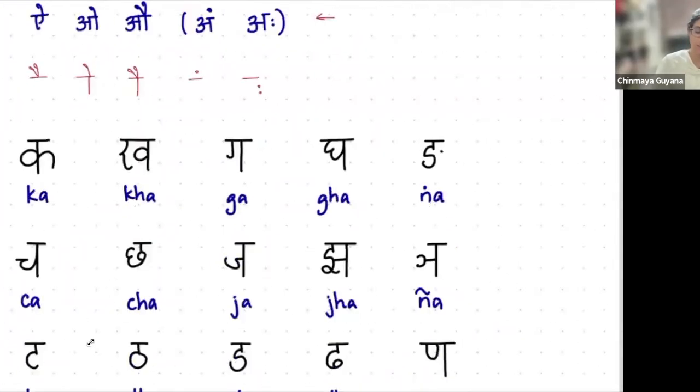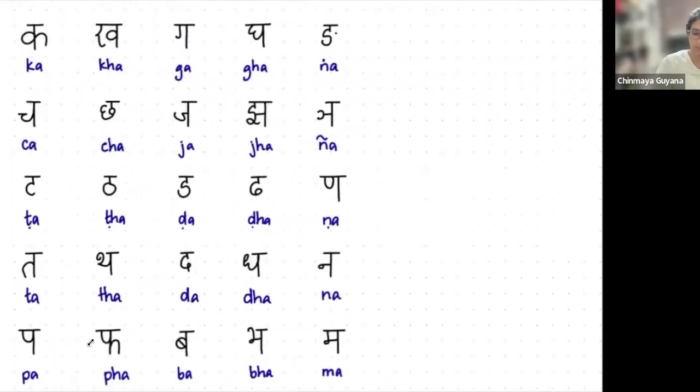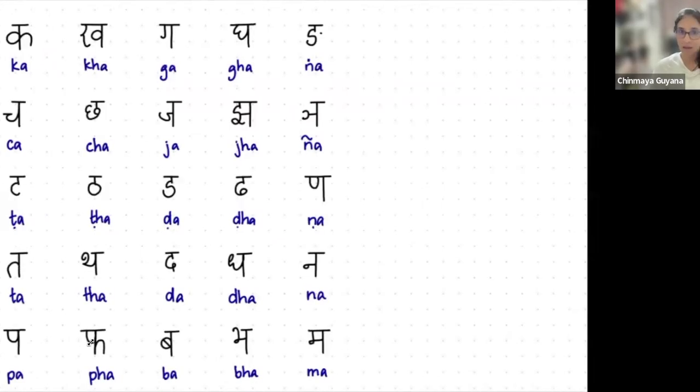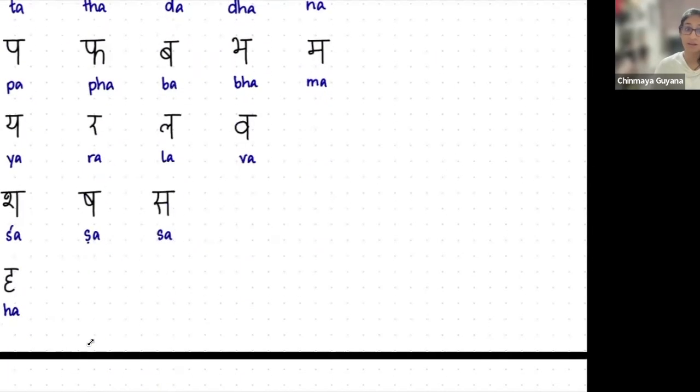Okay, then we saw our consonants. ka, kha, ga, gha, nga, cha, chha, ja, jha, nya, ta, tha, da, dha, na, pa, pha, ba, bha, ma, ya, ra, la, va, sha, sha, sa, ha.